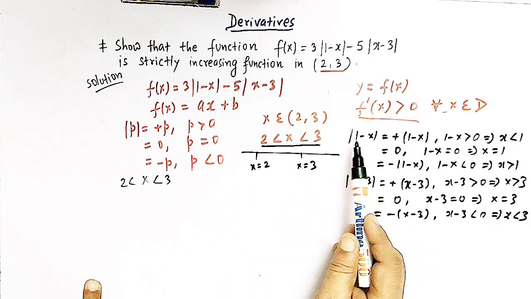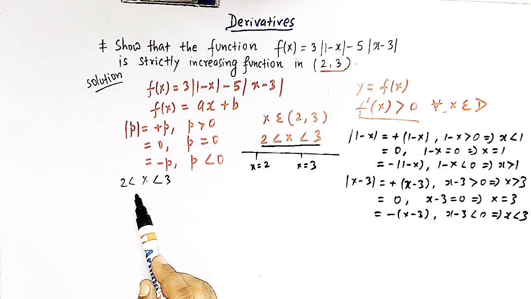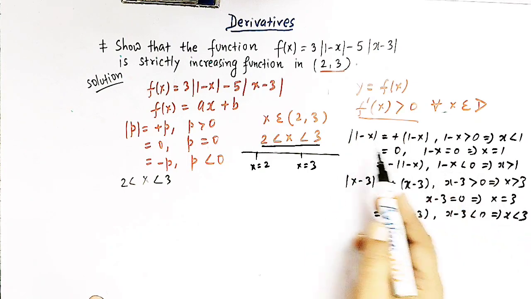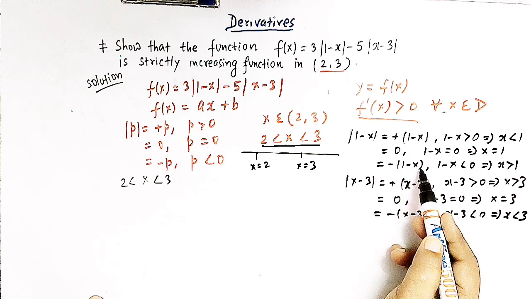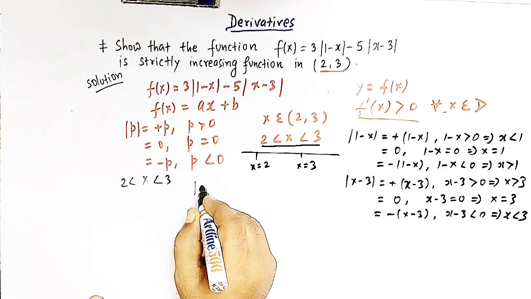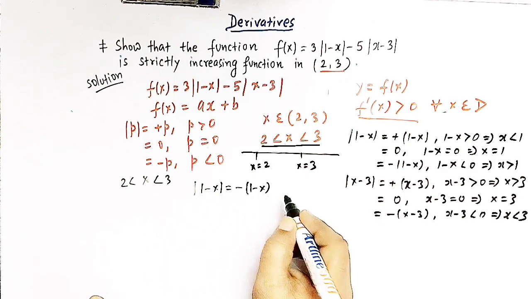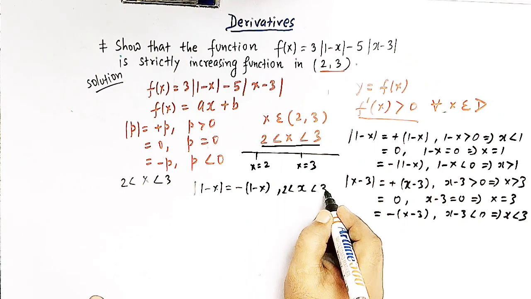So we have to define mod of 1 minus x and mod of x minus 3 in this interval only. So now see, mod of 1 minus x is equal to negative (1 minus x) when x is greater than 1, right? So we'll define mod of 1 minus x as negative (1 minus x) when x is greater than 2 and less than 3.